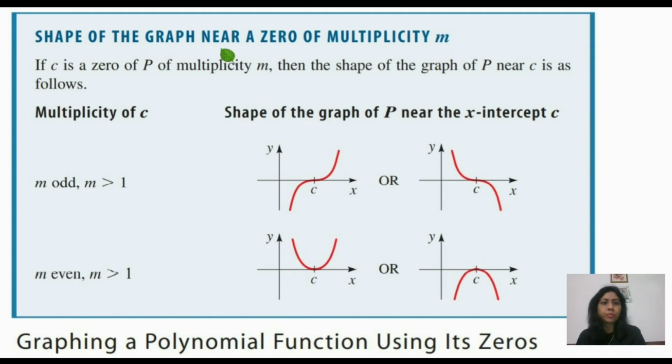According to the shape of the graph near a zero of multiplicity m, if C is a zero of P of multiplicity m, then the graph of P near C is as follows. If m is odd, the graph crosses the x-axis and the shape is like this. And if m is even, the graph doesn't cross the x-axis and the shape is like this.